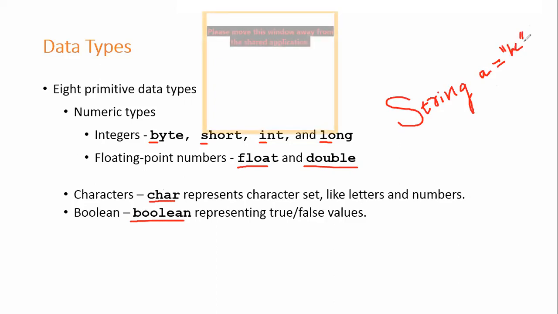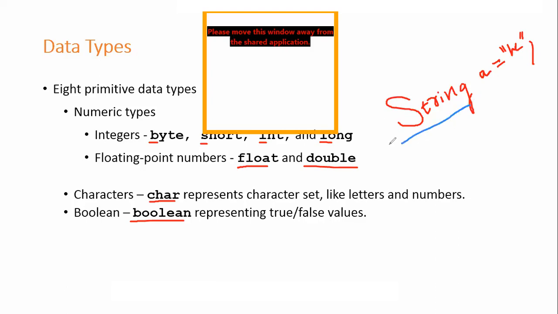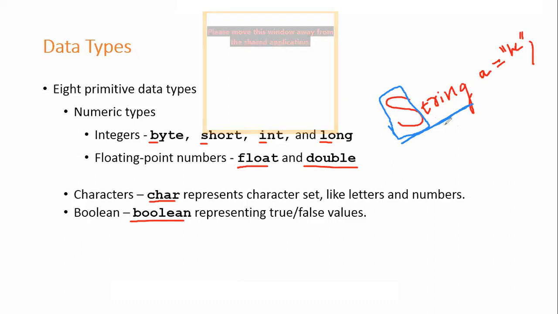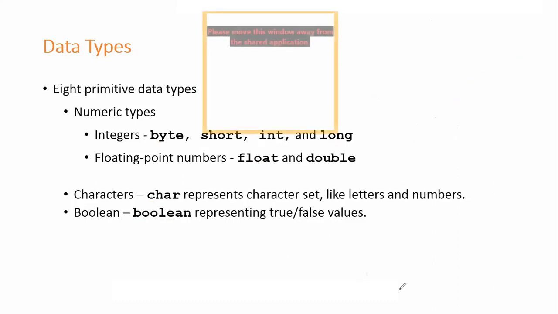As you see here, string is not a primitive type or data type. String is an inbuilt class. Since it's an inbuilt class, S we write in uppercase. The most important thing: string is not a primitive data type. String is a predefined class. That's what we should know.